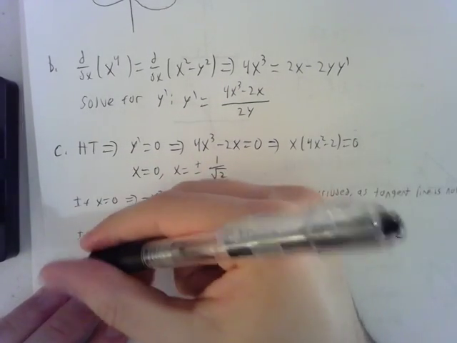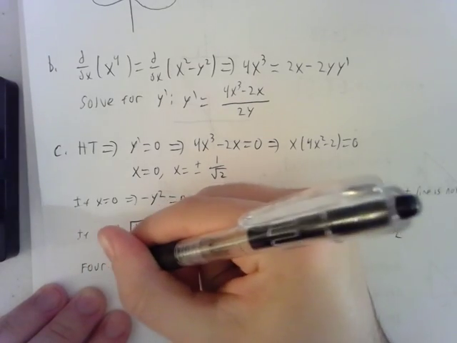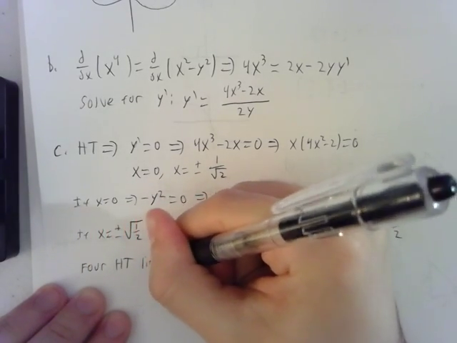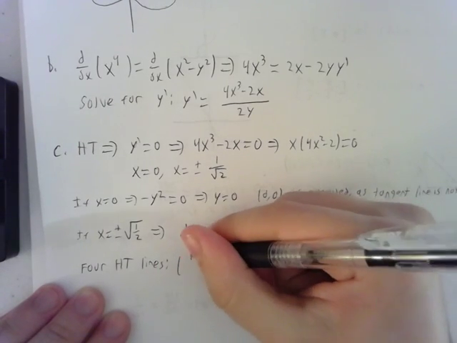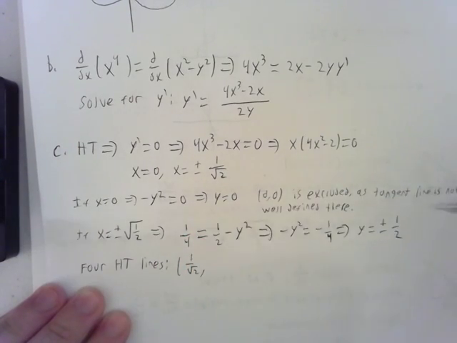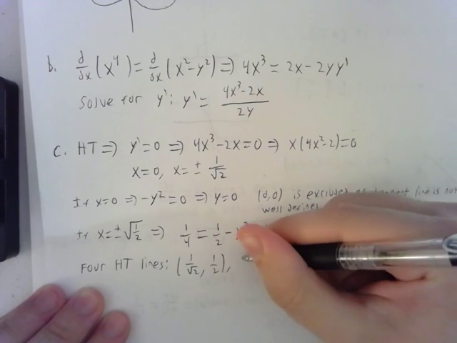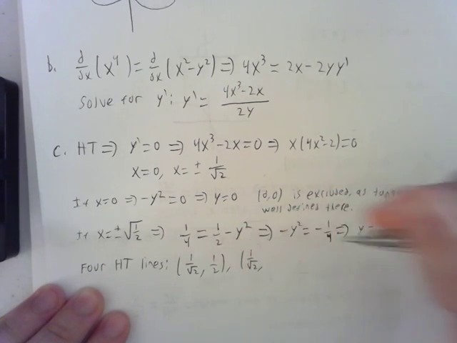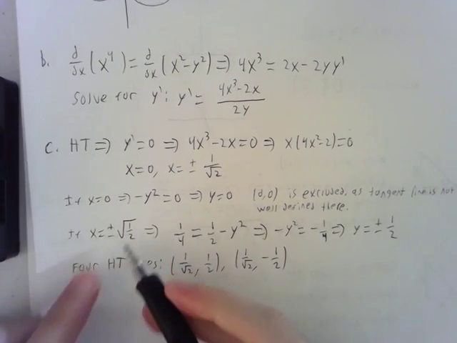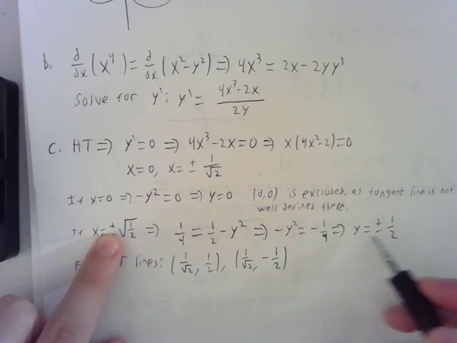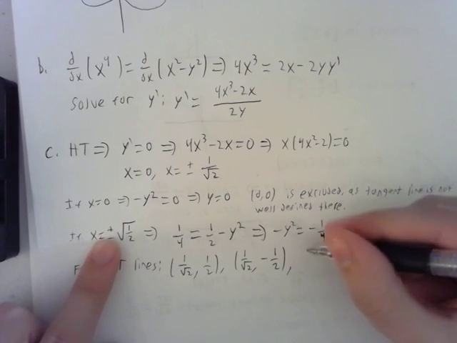So this gives us 4 horizontal tangent lines. So the points are 1 over square root 2, comma 1/2, and 1 over square root 2, comma negative 1/2, right? Because if x has the positive sign, y could still have either a positive or negative sign.